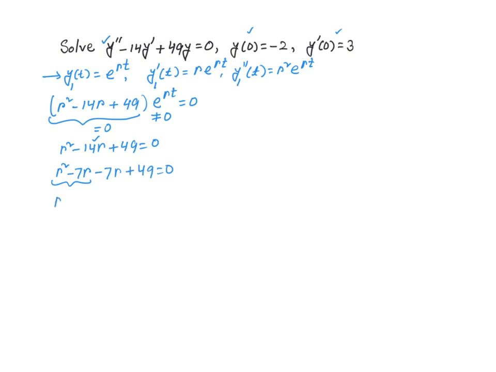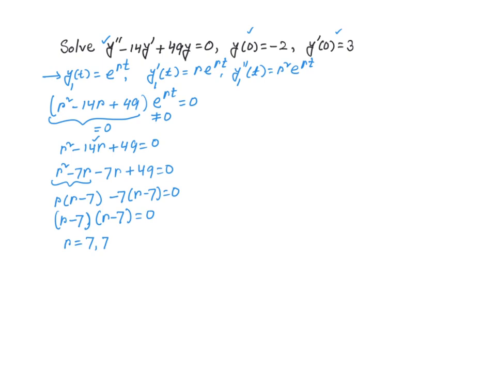So if I factor out r, I'm going to get r minus 7. If I factor out negative 7, I'm going to get r minus 7, and that is equal to 0. So that's going to give me r minus 7 times r minus 7 is equal to 0. That tells me r is equal to 7 and 7, right? So it's a repeated root.